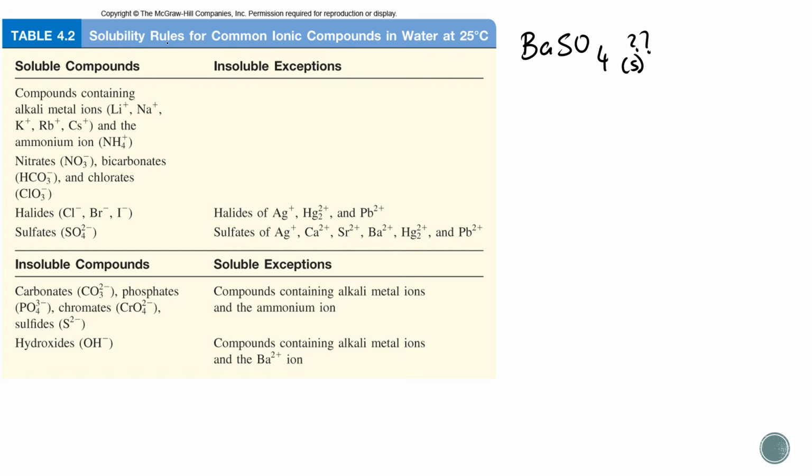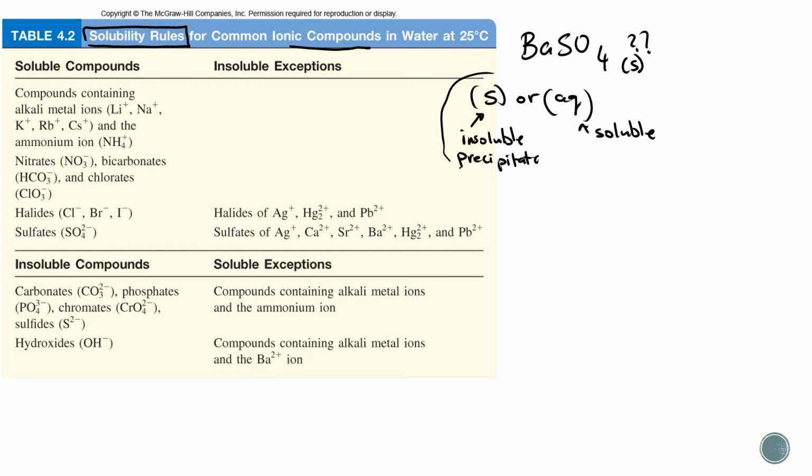I don't know if this is in your book, I don't think so, but these are called solubility rules for common ionic compounds. They tell us how to know whether the ionic compound that forms is soluble, meaning AQ, or solid. Solid means insoluble, it doesn't dissolve, and it is the same as precipitate. These three mean the same thing. AQ means soluble, so I can break it into positive and negative ions.